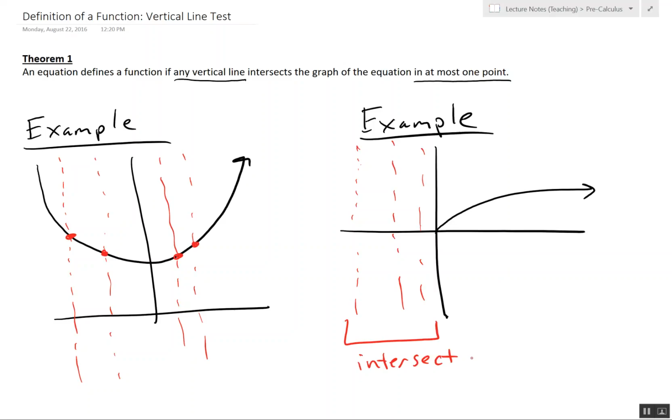And that's perfectly allowed because we're allowed to intersect at most one point. But once we hit x equals 0, then we get the phenomenon that each vertical line hits exactly one time.